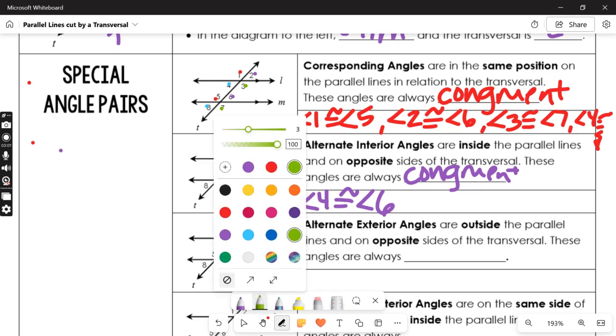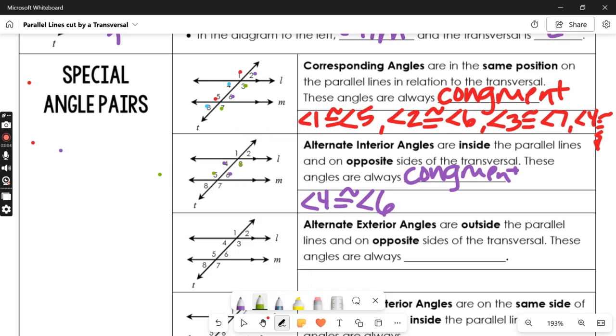And then angle 3 with angle 5. Notice they are between the parallel lines, so they're inside. If you're looking between the parallel lines, this is the inside, or the interior. It has to be between the parallel lines.